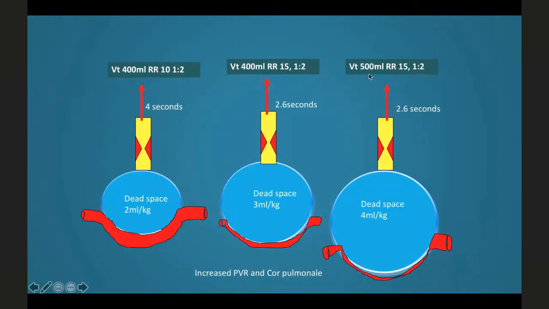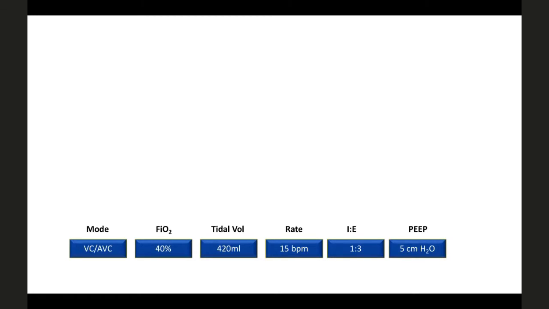Again, the second setting, 500 ml tidal volume, 15 rate. You are giving 2.6 seconds for 500 ml to be exhaled, effectively increasing the dead space to 4 ml per kg. Again, you can see the capillaries are getting compressed. So pulmonary vascular resistance is increasing and cor pulmonale will develop with this change.